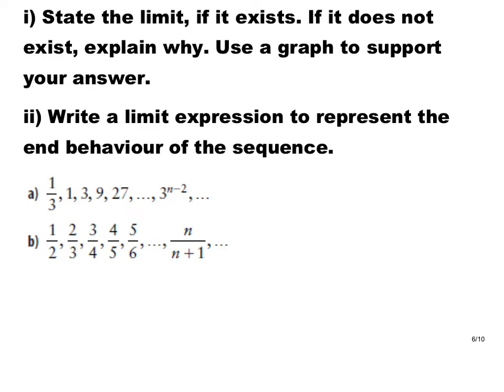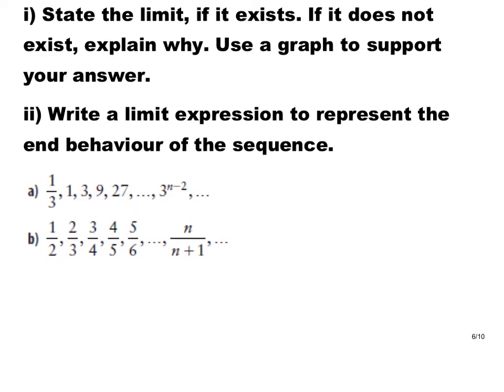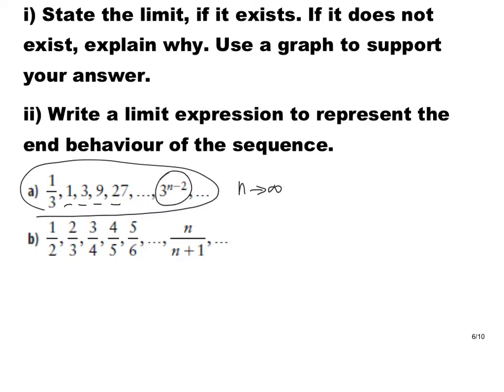For the first one, which is this series, we can see as n increases, the value of the series increases too. You can also see from the terms here, 1/3, 1, 3, 9, 27, when n goes to infinity, the last term becomes 3 exponent infinity minus 2.